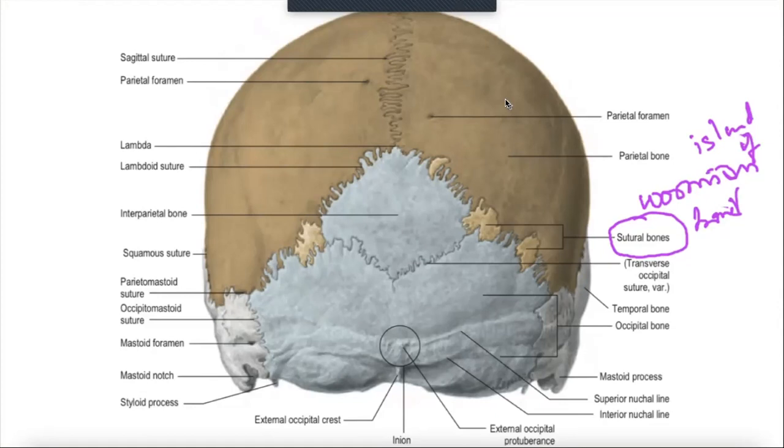And sometimes there is a big bone between the two parietal bones. It is called the interparietal bone. So see, all of this bone is called the interparietal bone or Inca bone, right? So those are some anatomical exceptions.